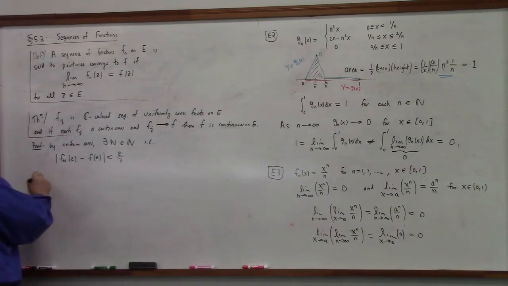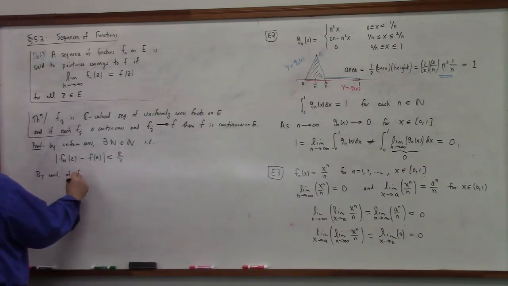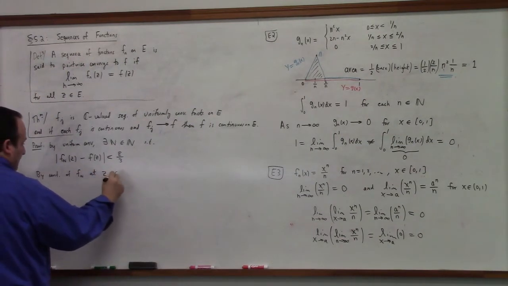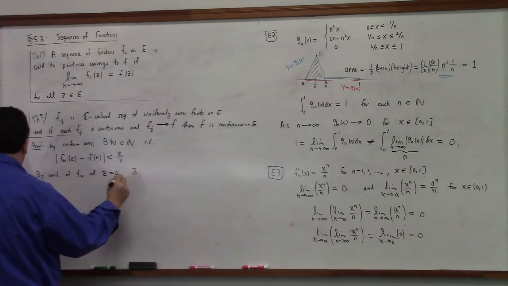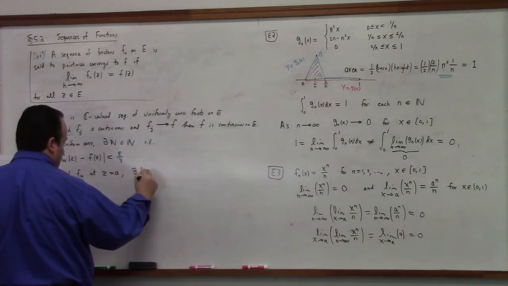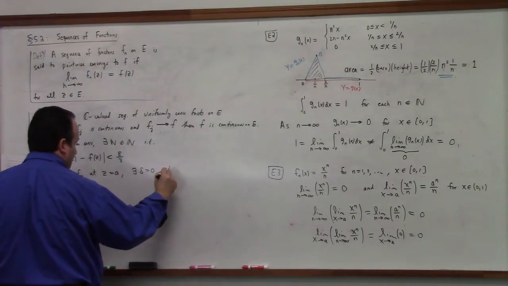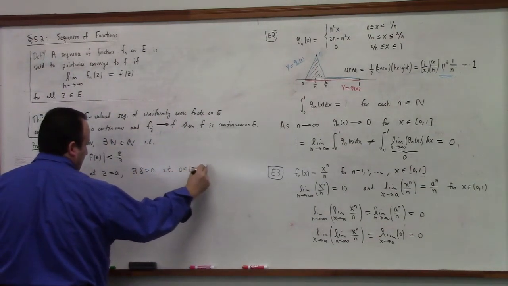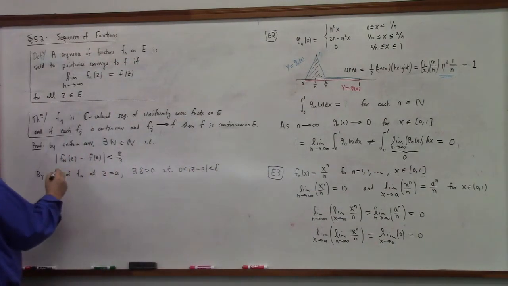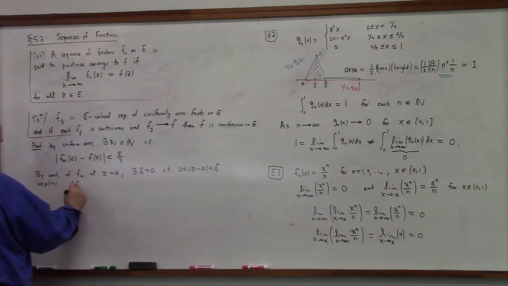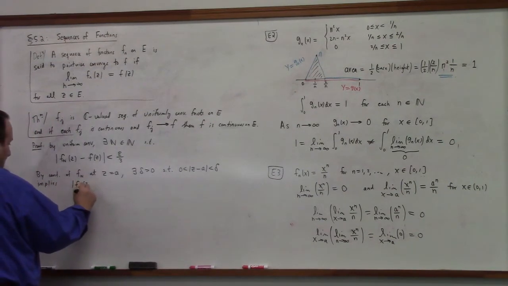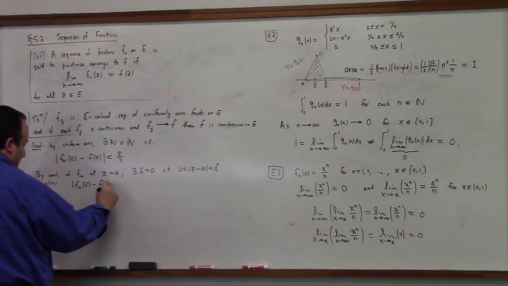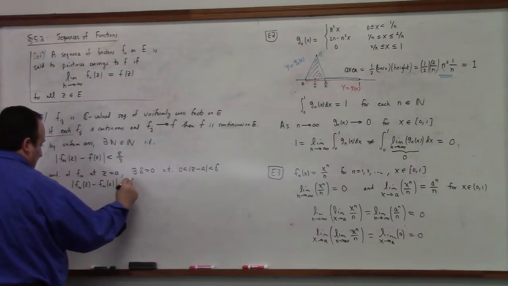But by continuity of fn at z equals a, there exists a delta greater than 0 such that 0 less than modulus of z minus a less than delta implies that the modulus of fn of z minus fn of a is less than epsilon over 3.